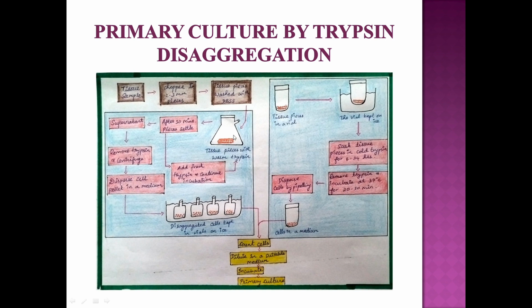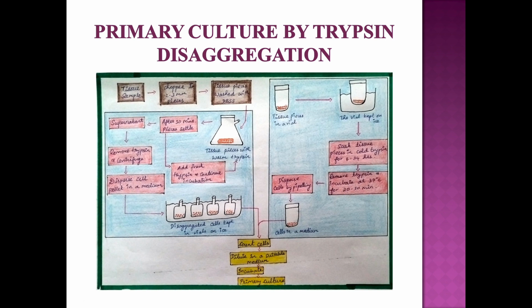The contents are stirred, and at intervals of every 30 minutes the supernatant containing the dissociated cells is collected. After removal of trypsin, the cells are dispersed in a suitable medium and kept on ice.